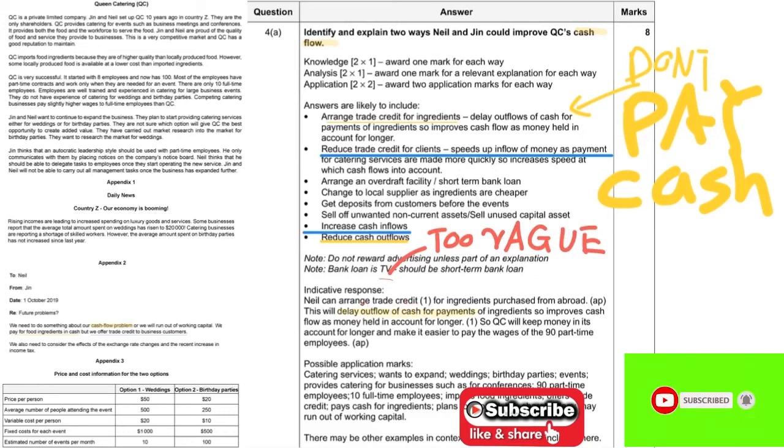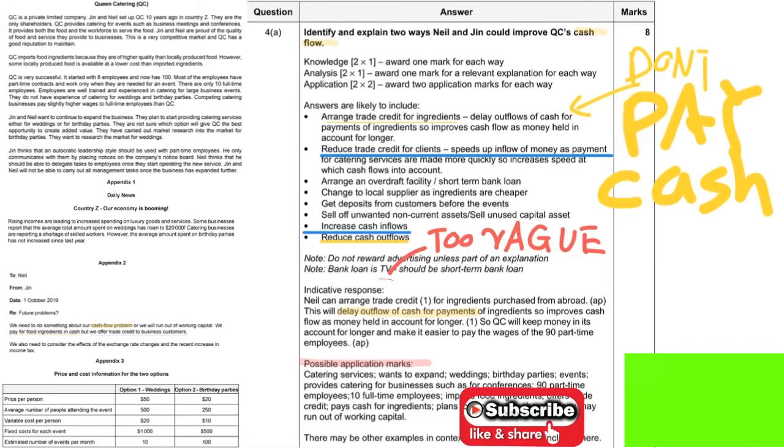Delay the cash outflow. Now, if you want to score 9 to 10 marks, you must score the application marks. So you have to make references to the case. You have to look at the case in the left part of the video, and then you try to talk about how to improve the cash flow.